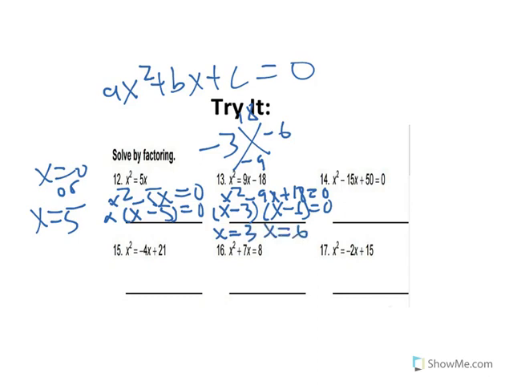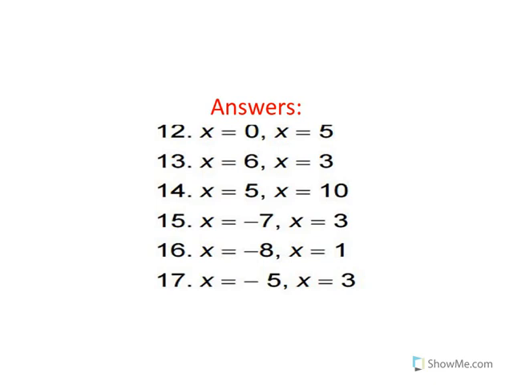Okay, and as I said before, this is a video, so you guys can pause, go back and forth, and work on number 14 through 17, right? And then check your answers. Okay, so here are the answers.